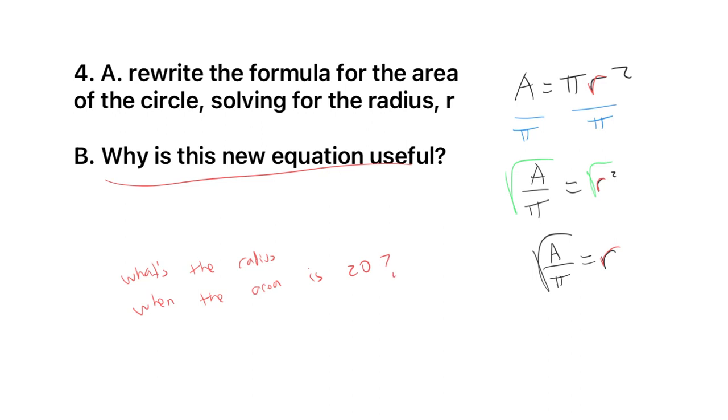This equation is useful when you're given information about the area and you're asked to find the radius. You can just plug in that area of 20 for A, put that over pi, and then use your calculator to figure out what that is. This revised equation is really helpful when you have information about the area and you want to use that to find the radius.